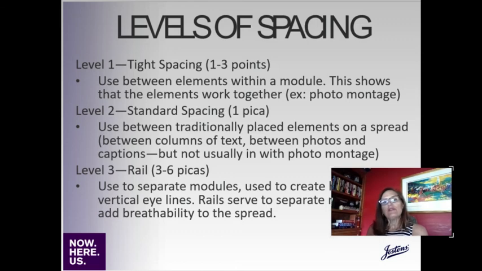What we do differently with modular design is we add level 3 spacing, rails of 3 to 6 picas in width. And those are going to give us more breathability to our spread. So we can still have our negative space to the outside, but we can also have these rails that create the XY axis on our spreads.